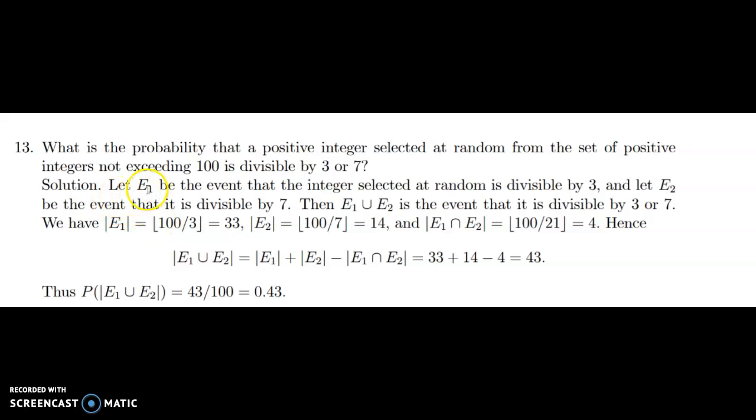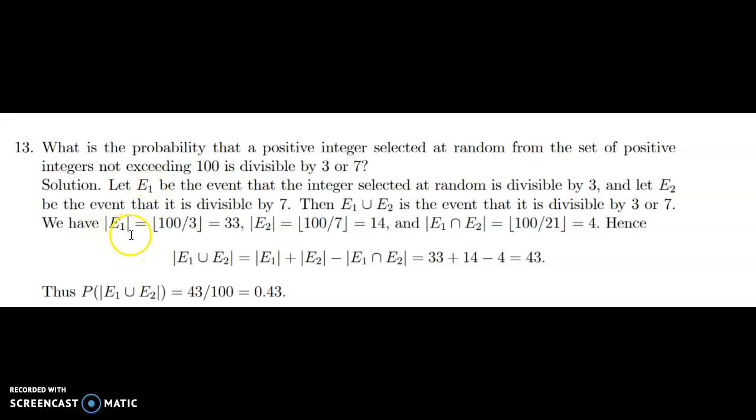If E1 is the set of all multiples of 3, and E2 is the set of all multiples of 7, then the event space will be the union of E1 and E2. It is easy to count the number of elements in E1.